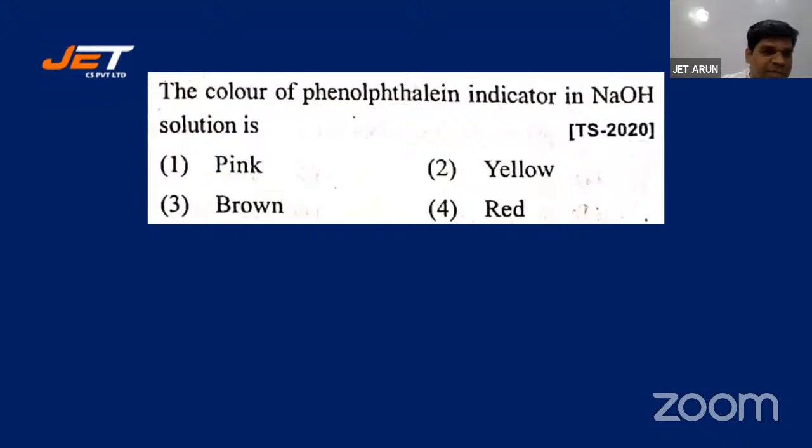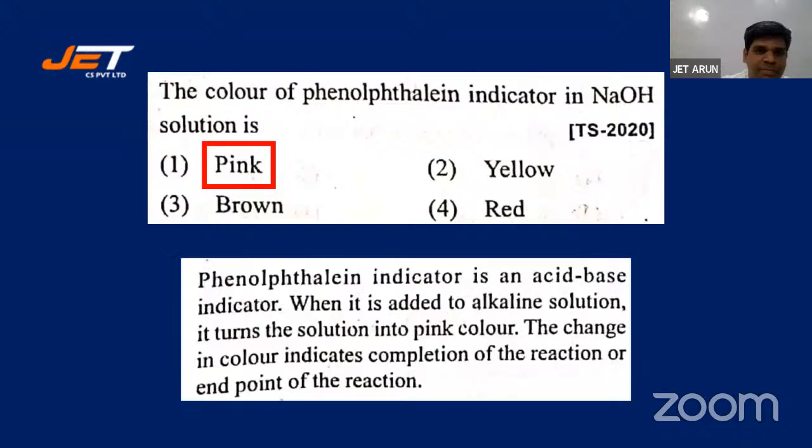Redmi Note is the name displayed, but I don't know what your name is. If you can mention your name, once please? It shows Redmi Note. You said pink, sir. That's right. Perfectly right. Yeah, that's pink. Phenolphthalein indicator is an acid-base indicator. When it is added to alkaline solution, it turns the solution pink.